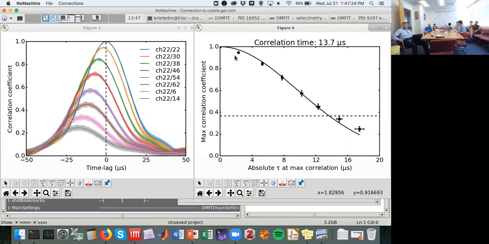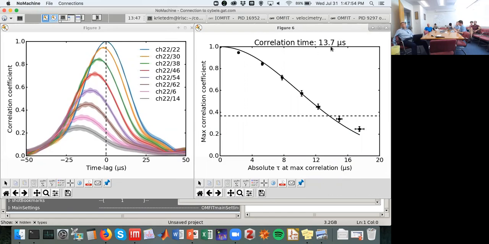What this is telling you is that as the turbulence propagates through the plasma, it decorrelates with itself over some characteristic time scale. So the 1/e value of this decay of the turbulence for this discharge is about 13 microseconds or so. That's a typical value for D-III-D, anywhere from 5 to tens of microseconds, depending a lot on the discharge and the physics that's going on.